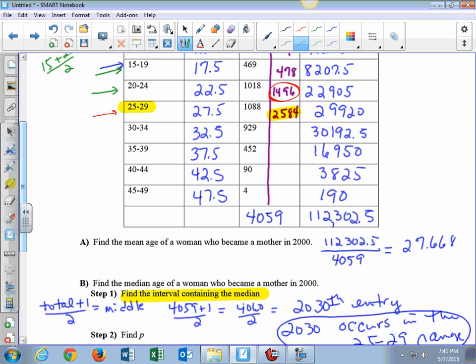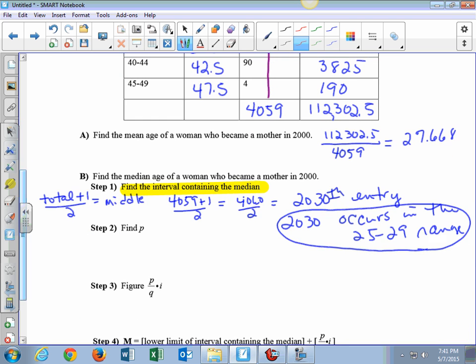The interval previous to the highlighted interval has a cumulative frequency of 1,496. So what I'm going to do here is take my 2030 and subtract the cumulative frequency from the previous interval. That tells me how many terms or items I need to go into the interval 25 through 29. And that is my p-value.